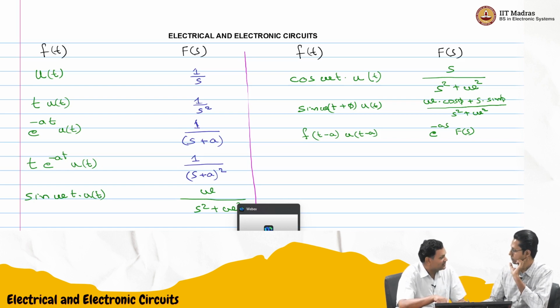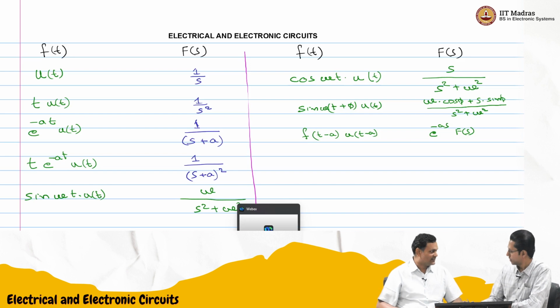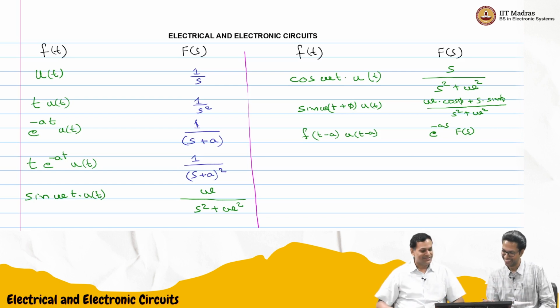Correct, for u of t it will be 1 by s. So if this property was known to us, we could have used it there. Nice. So our transform table is getting longer and longer, right? Yes.